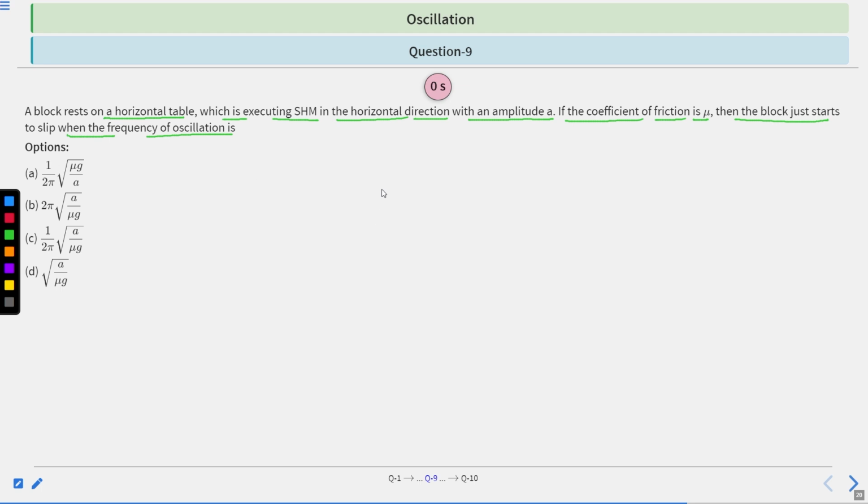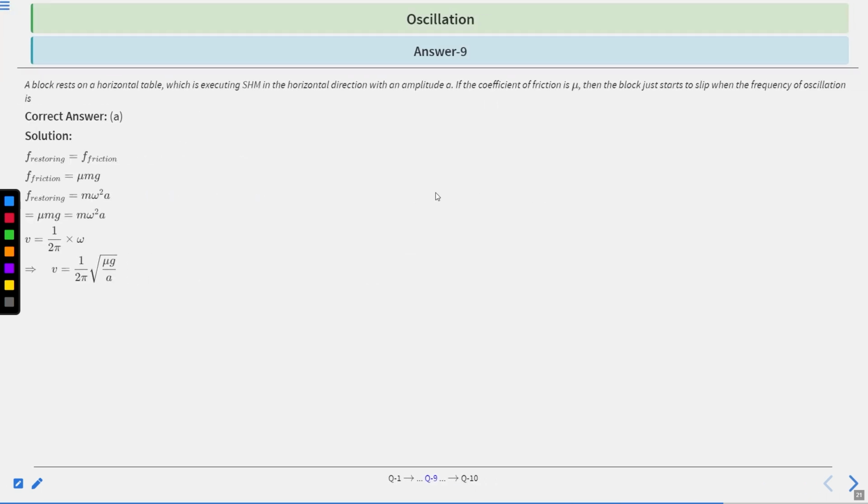Let's find a solution. A block rests on a horizontal table which is executing SHM in the horizontal direction with amplitude A, and mu is the coefficient of friction. The block just starts to slip when the frequency of oscillation is what? So we know F restoring is equal to F friction. This is the main concept.